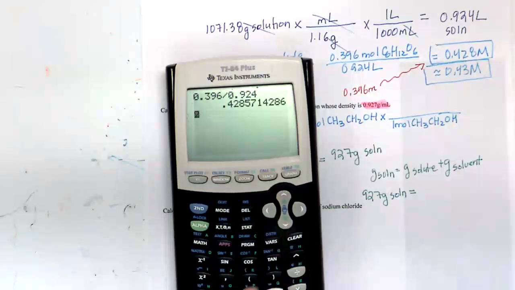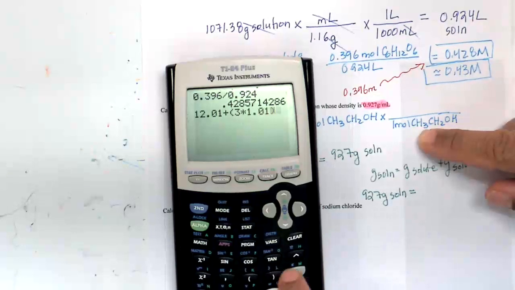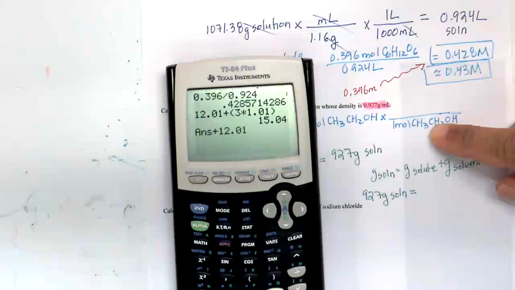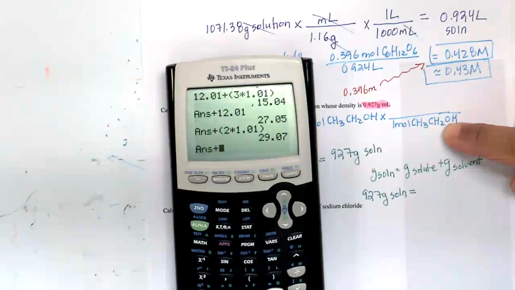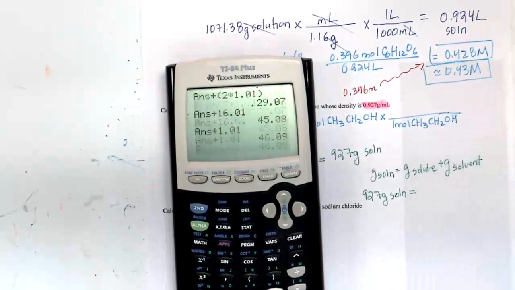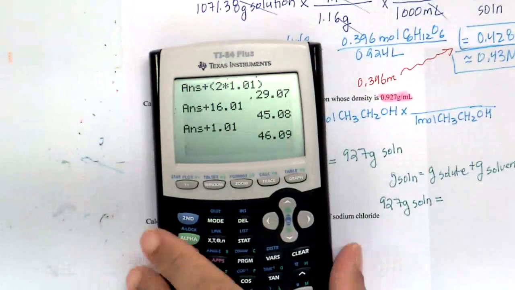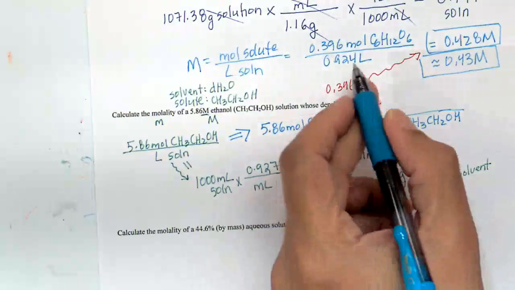So we have 12.01 plus 3 times 1.01, plus another 12.01, plus 2 times 1.01, plus 16.01, plus 1.01. So about 46.09 grams. So 46.09 grams are in 1 mole of ethanol.